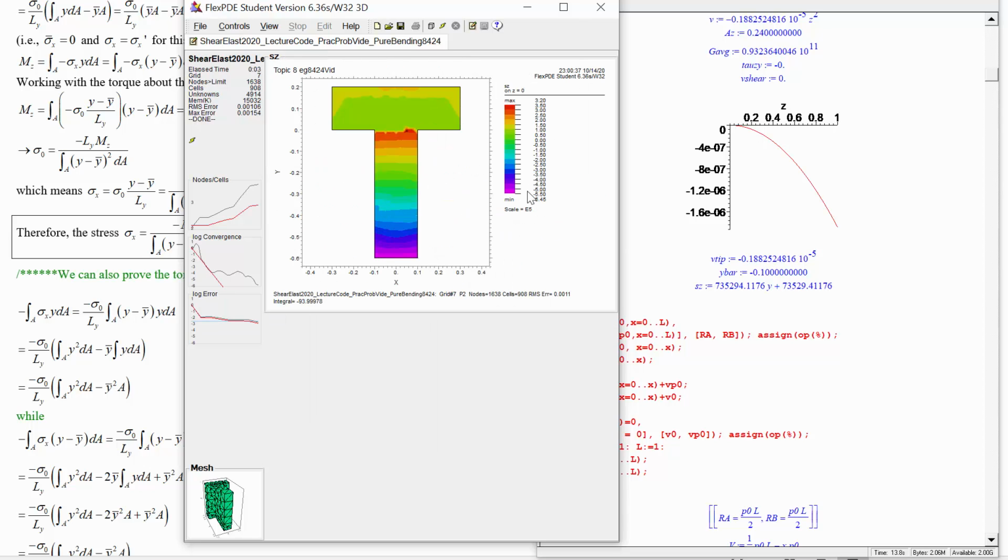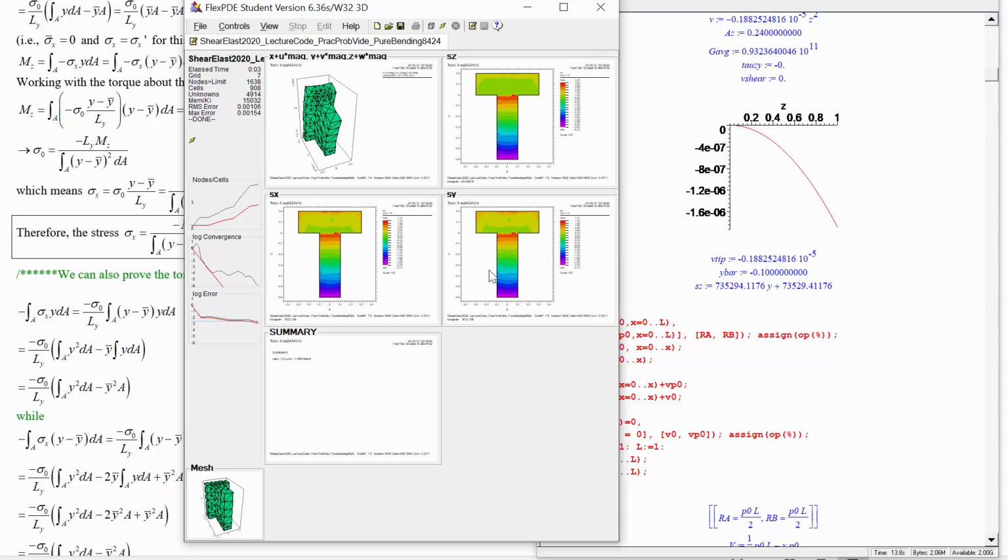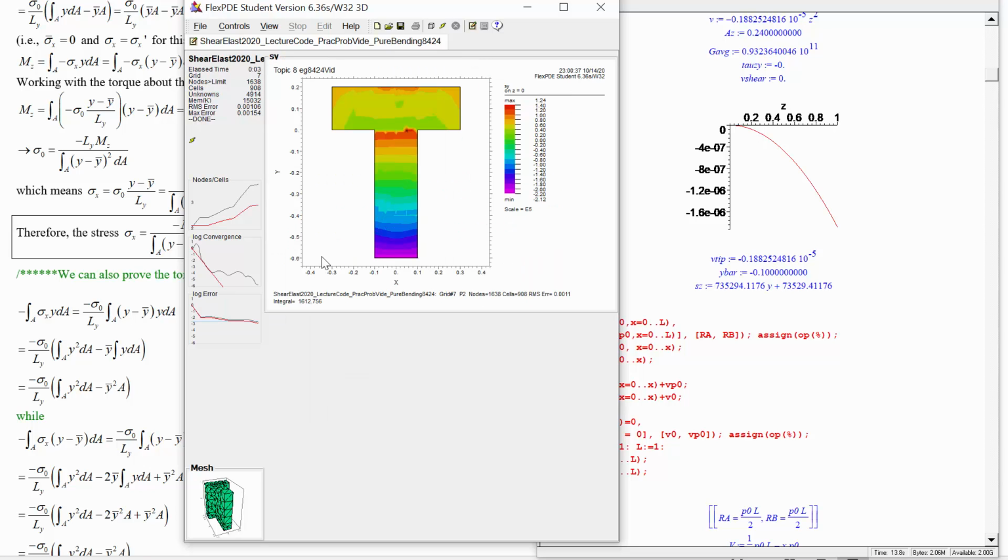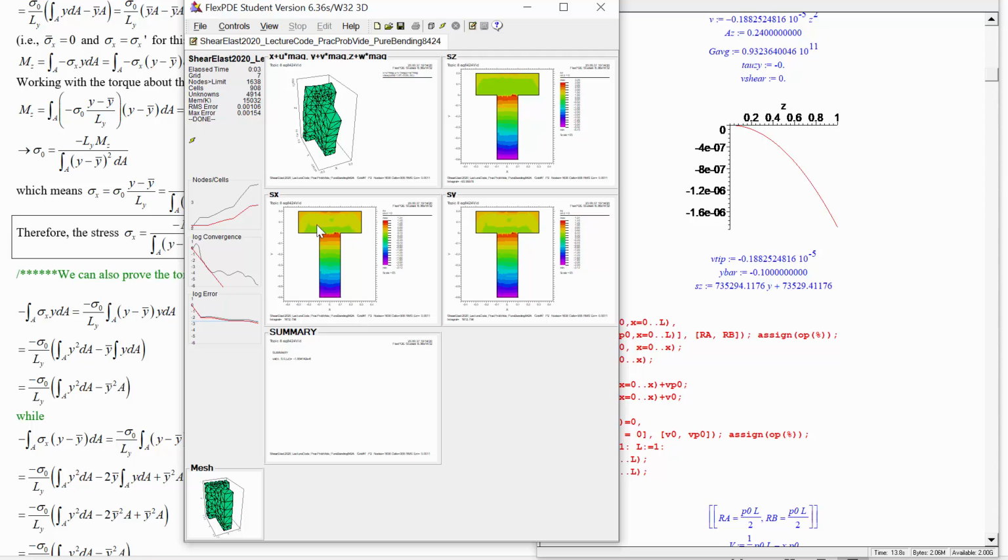We've got around the same magnitude as the axial stress in Z manifested as shear stresses in the X and Y directions on this face. So how do we deal with this?